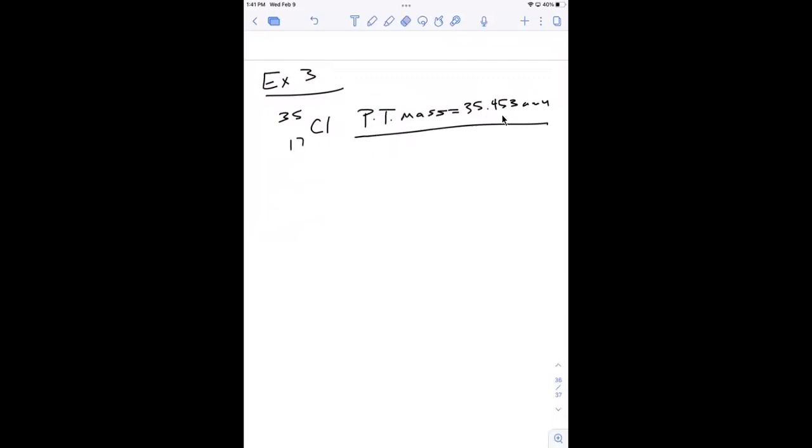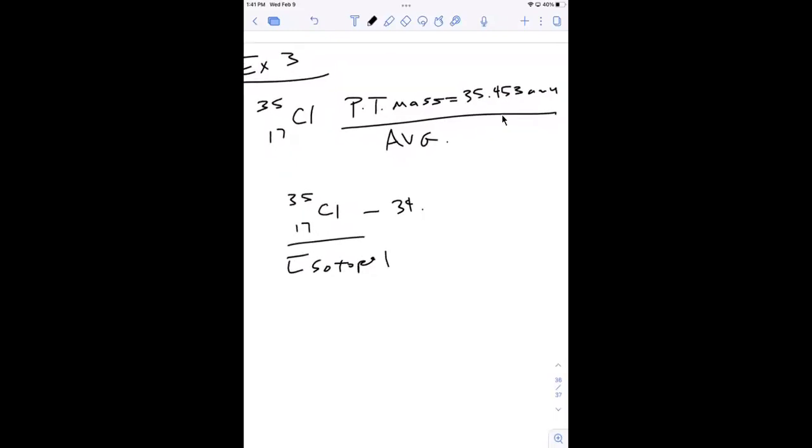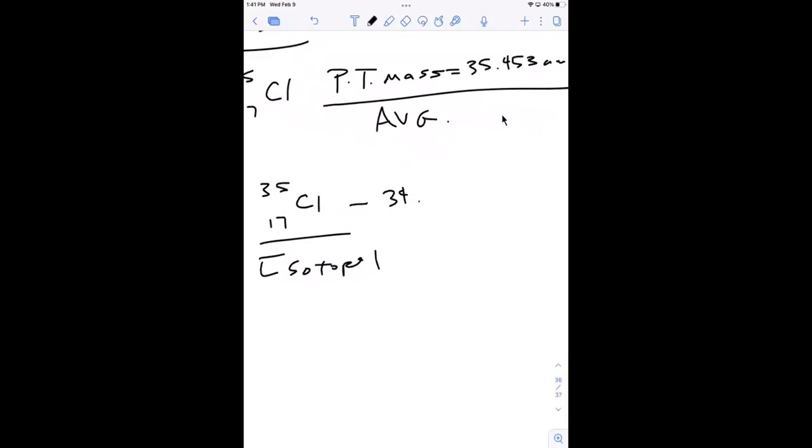Come on, let's tighten up. That's my average, right? But the naturally occurring isotopes for chlorine, there are actually two. There's chlorine 35, we're gonna call it isotope 1, and it has a mass of 34.96885.